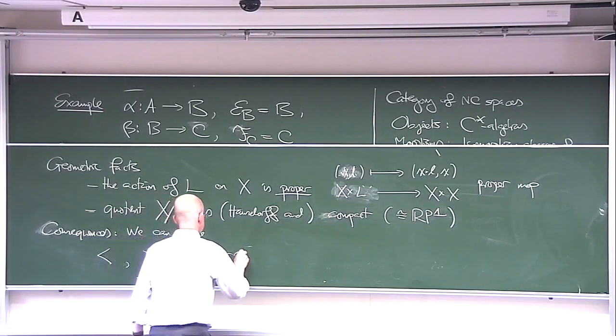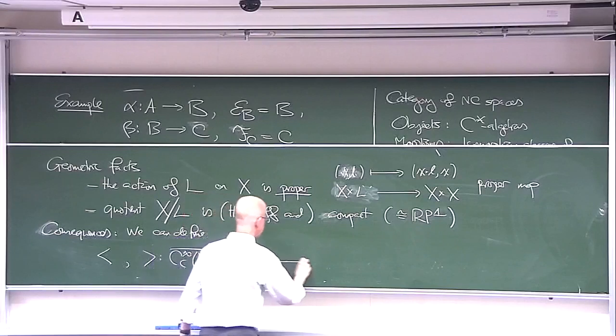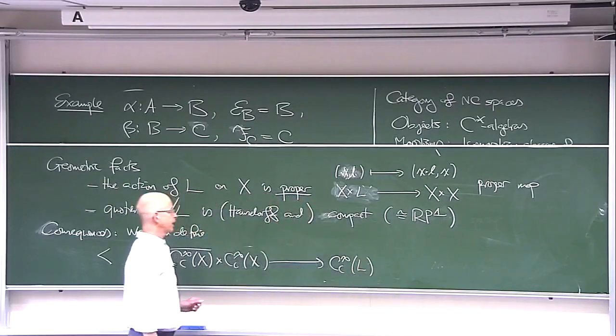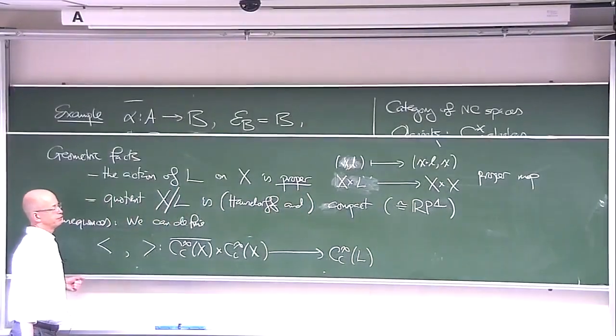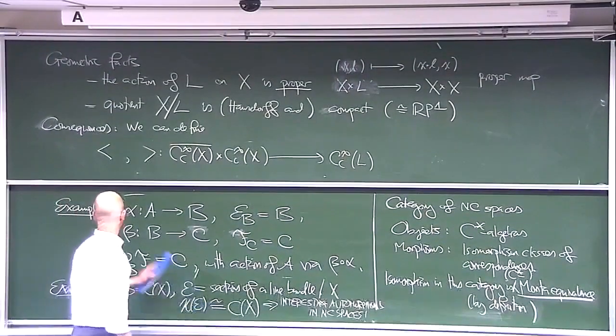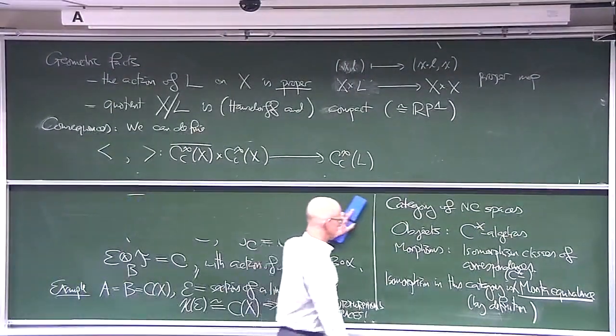We can start to build a more interesting inner product now on this space, which is valued in the convolution algebra of functions on L, not in scalars. And you use the following formula.